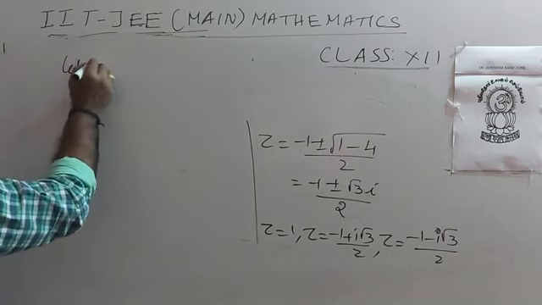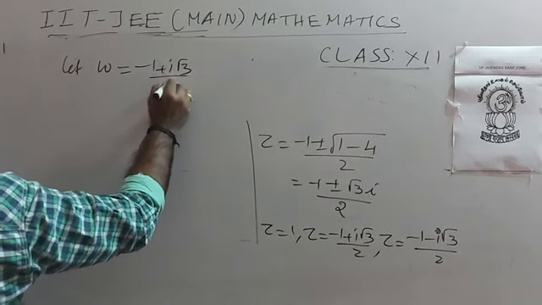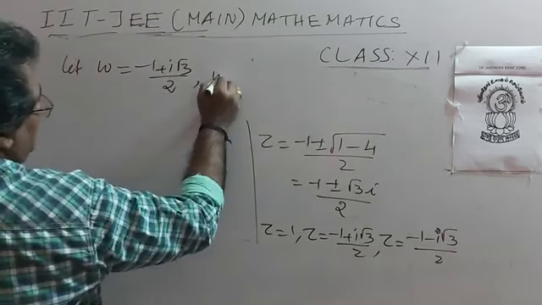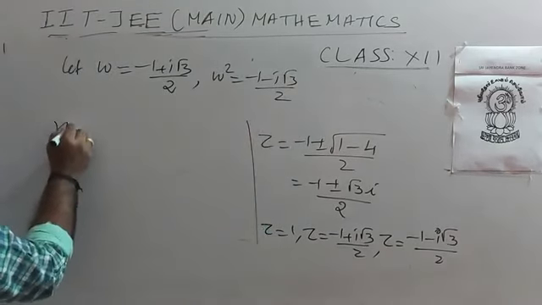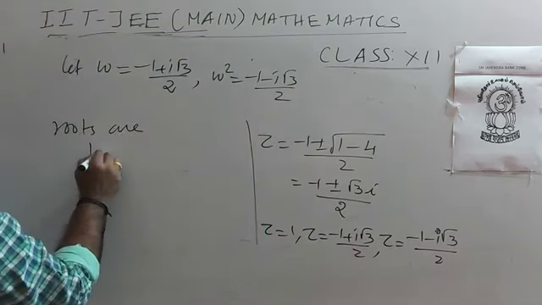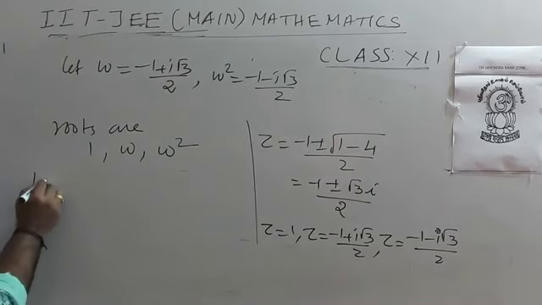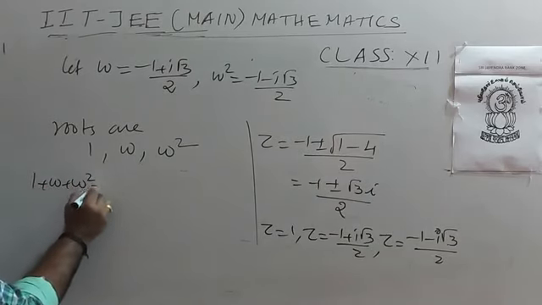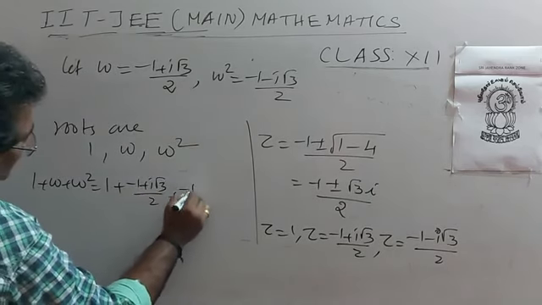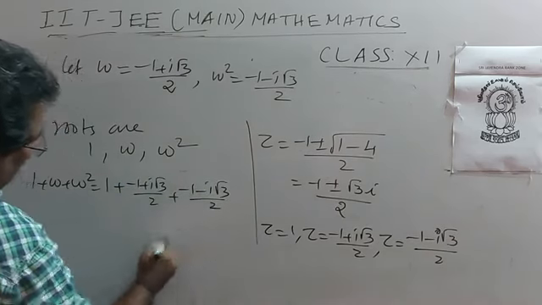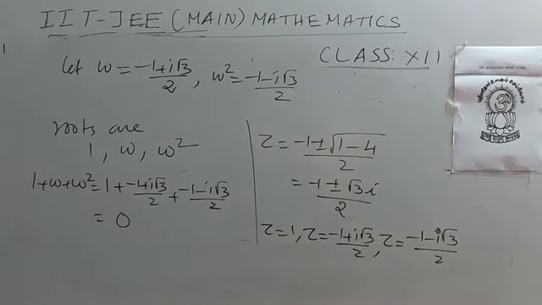Let omega equal to minus 1 plus I root 3 by 2, omega squared equal to minus 1 minus I root 3 by 2. So roots are 1, omega, omega squared. 1 plus minus 1 plus I root 3 by 2 plus minus 1 minus I root 3 by 2, if you add, the answer will be 0.